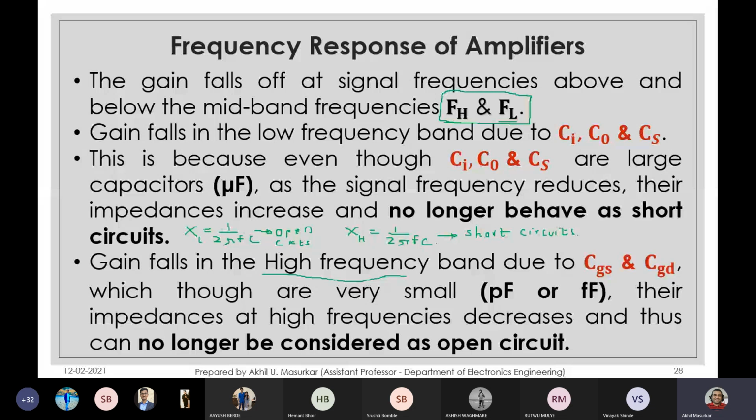We would generally like to operate in the mid-band range. That is the reason why we have to study this, since at high frequencies the capacitance can no longer be considered as open circuits. So this is the problem.